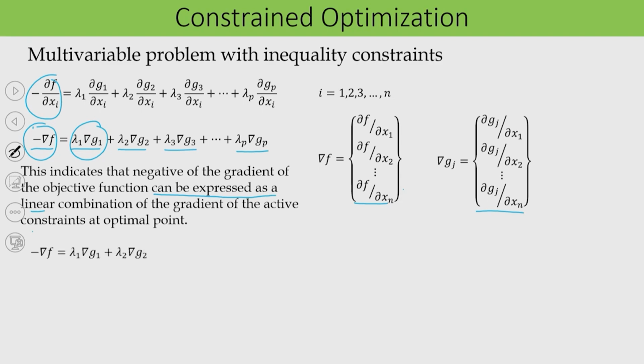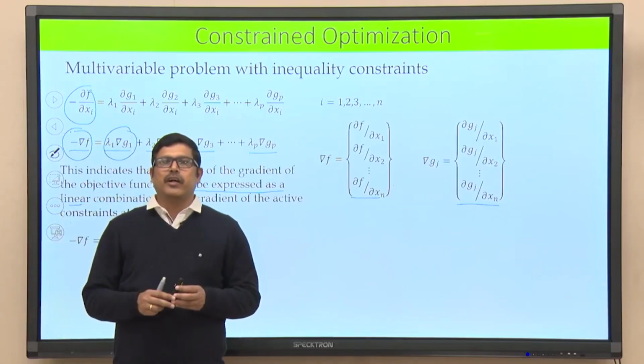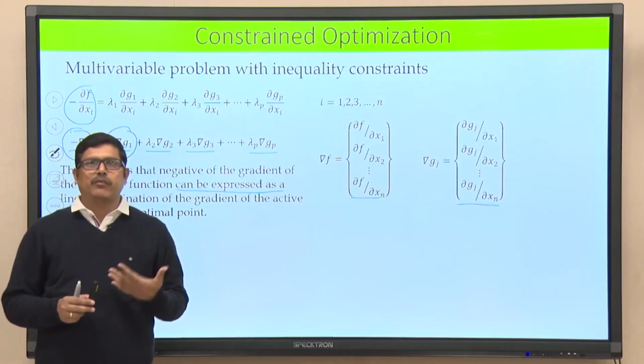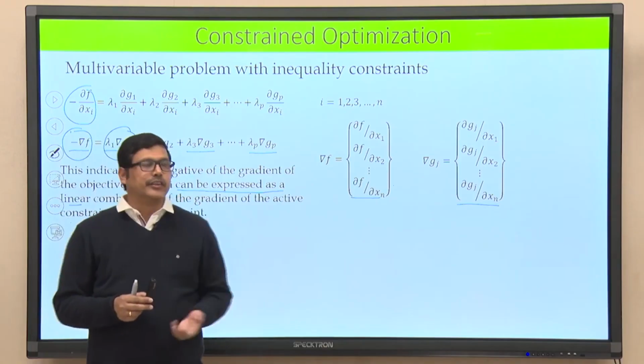Now, let us consider two constraints just to explain the concept, that means we have only two constraints, g 1 and g 2.